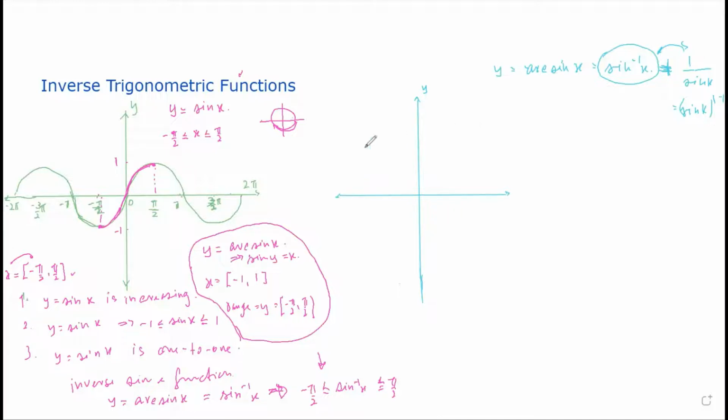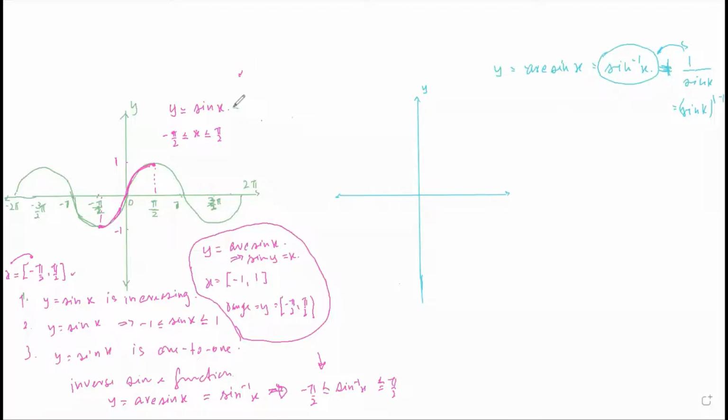Now we plot the graph of this inverse sine function. Again, when we have y equals sine x and you invert, you replace x with y and y with x, correct? Sorry, I erased this one, that's okay.